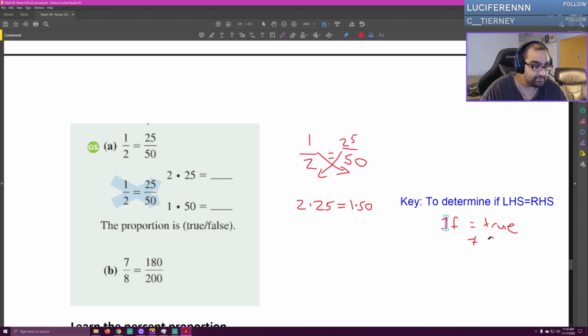If it's not equal, then false. So here we have 2 times 25. That's 50. And all we have to see is, is the right-hand side also equal to 50? If it's not, then too bad, so sad. If it is, great, then it's true. And 1 times 50, of course, is 50 itself. So this is true.